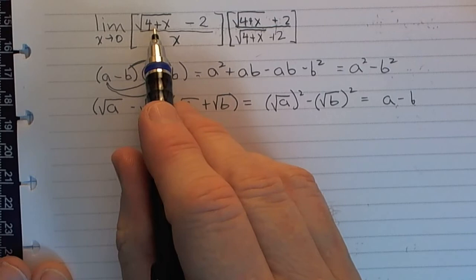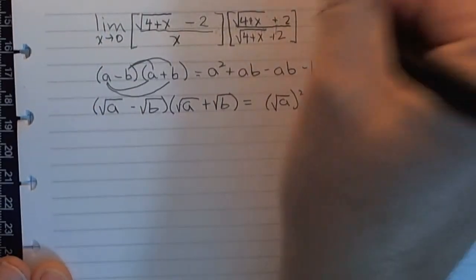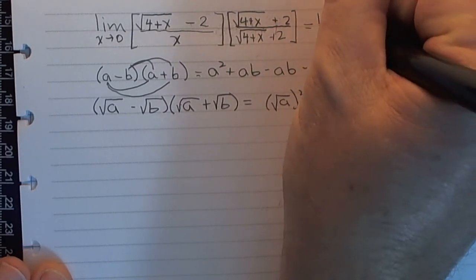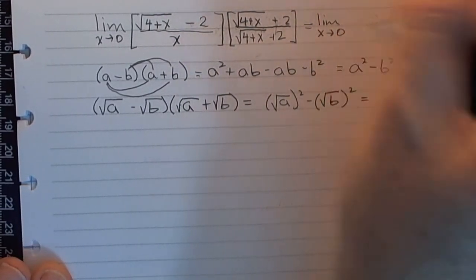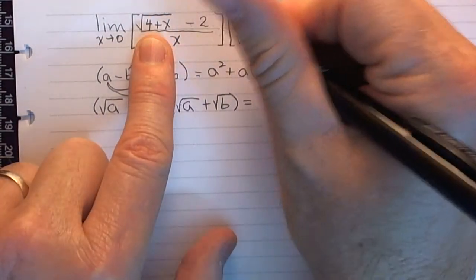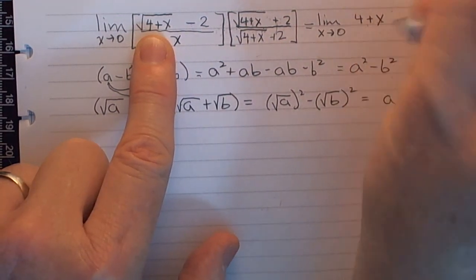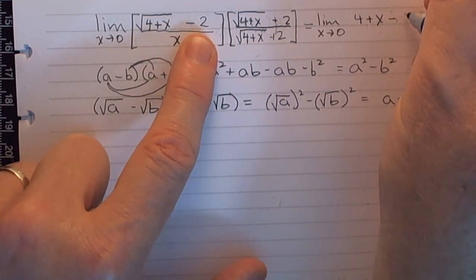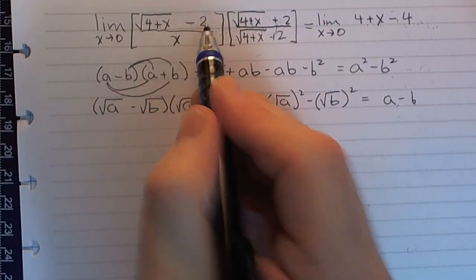Well, I would like to get rid of that radical, so I'm going to multiply by the conjugate. Let's see what I'm going to have then. I've got the limit as x goes to 0. Up top, I'm just going to have 4 plus x, the square root of that squared, that's just 4 plus x, minus the second thing squared. There, look at that. A squared minus b squared.